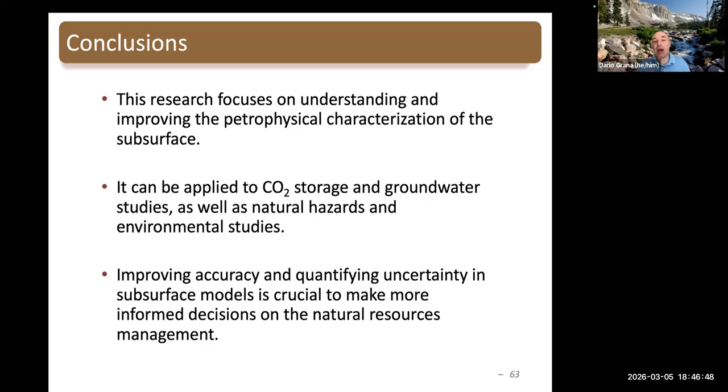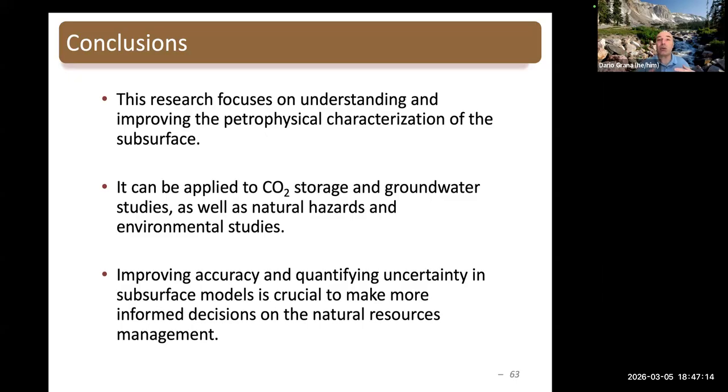So the research can be applied to CO2 storage, groundwater, but it could also be applied to natural hazards and environmental studies. Every time we have some geophysical data, we can apply an inverse method as long as we know the physics. So the goal here was to improve the accuracy and quantify the uncertainty in the model predictions, which are really important for the stakeholders to make informed decisions about the exploitation of natural and energy resources.